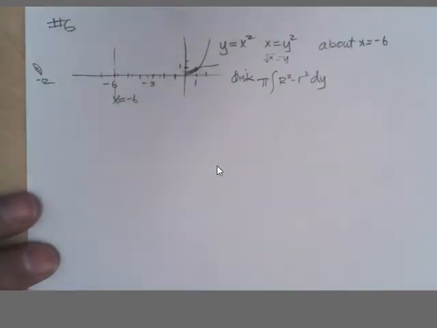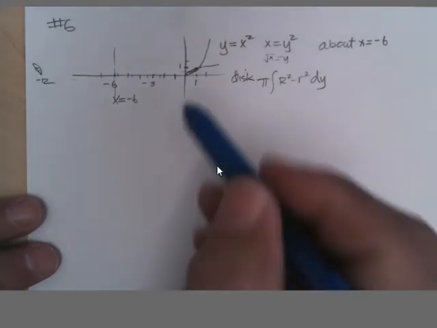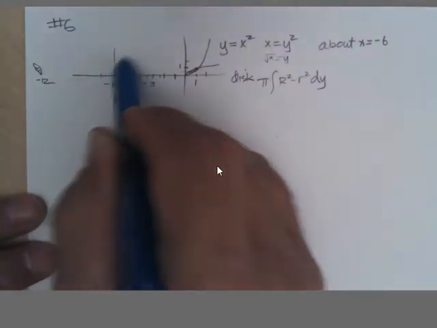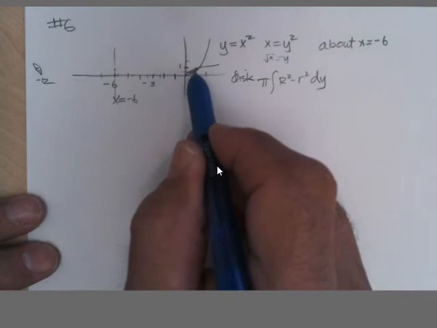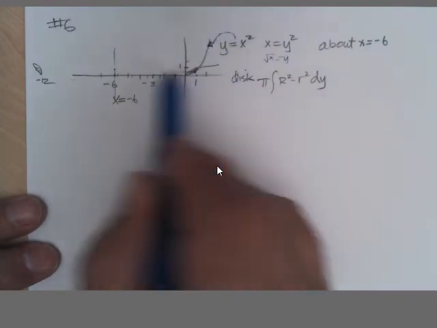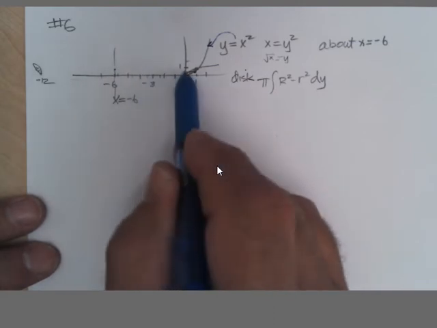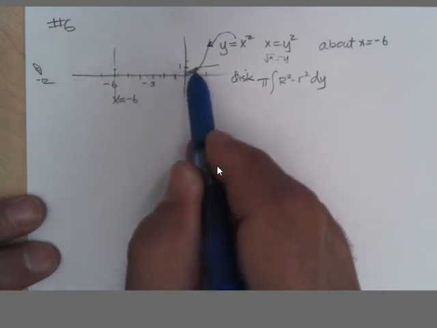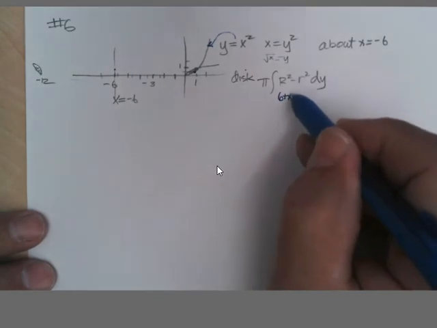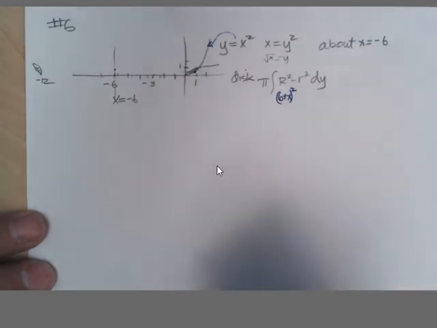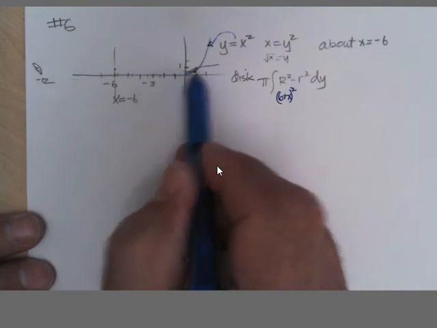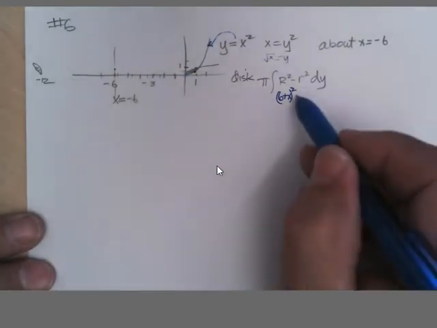So now I've got to get the radii. One of the radii, the big one, goes from minus 6 clear out to that curve, which is this one. So it's going to be 6 plus x. And then the inside radius is going to be 6 plus x for the other curve.